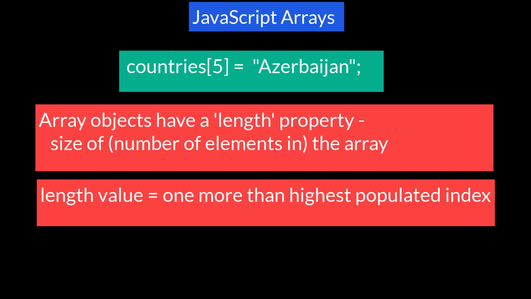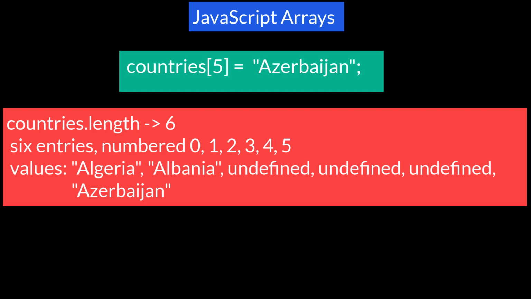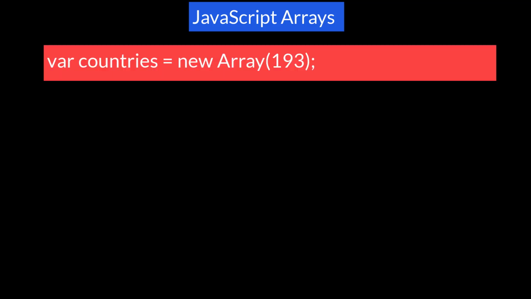So, for example, after the above assignment, countries.length would return a value of 6. That is, there are 6 entries numbered 0, 1, 2, 3, 4, 5, 3 of which have values, 3 of which are undefined. You can define an array and specify its length this way: var countries = new Array(193).